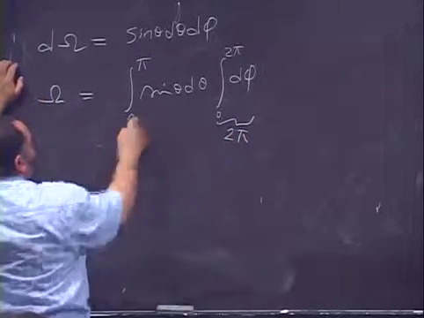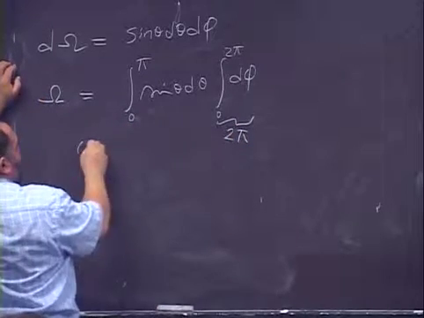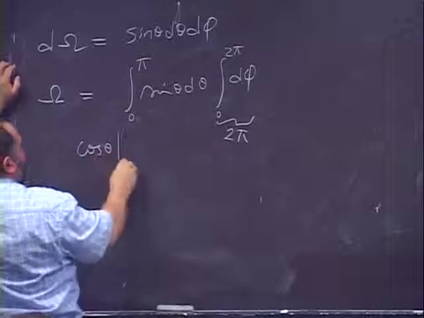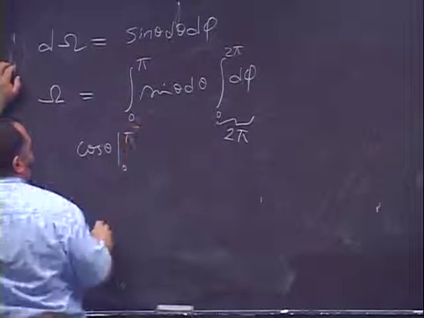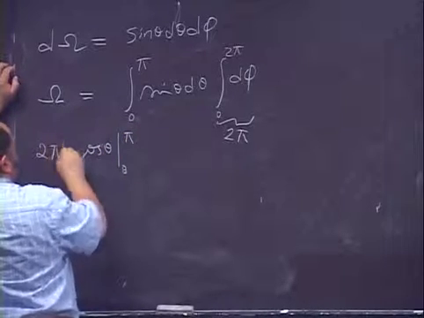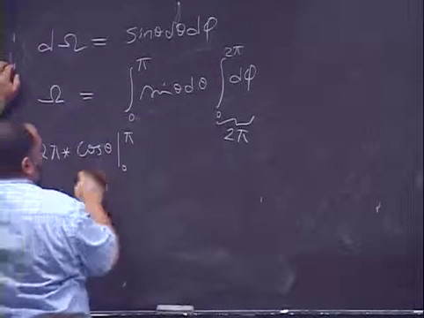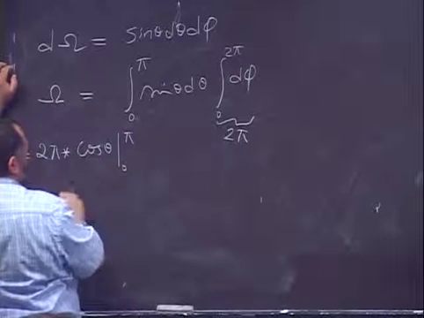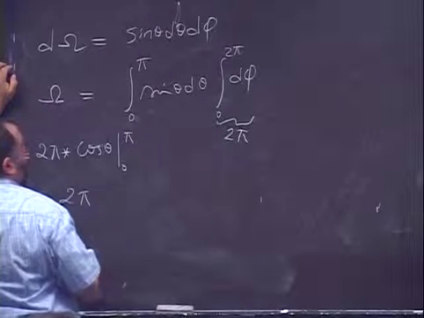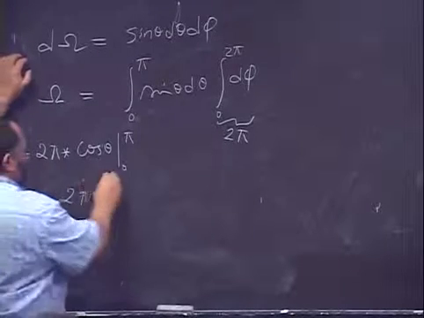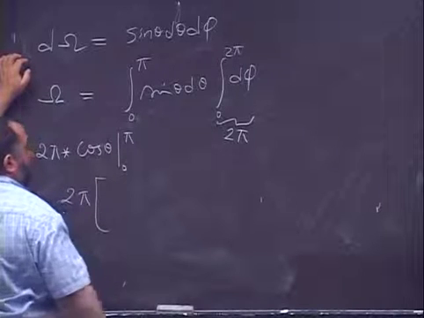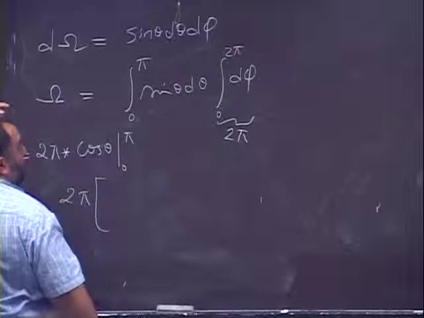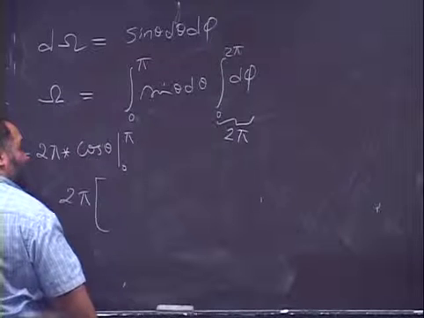So this integration will give me 2 pi. And this integration will be cosine theta from 0 to pi multiplied by 2 pi. What's cosine theta at pi? What's cosine pi? It is -1.